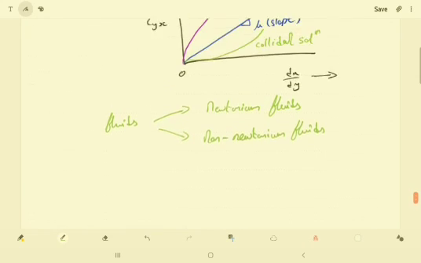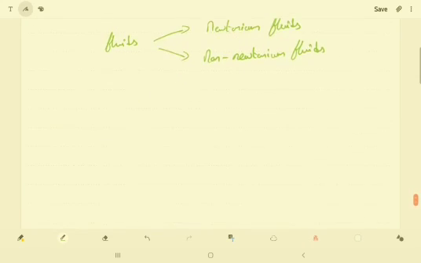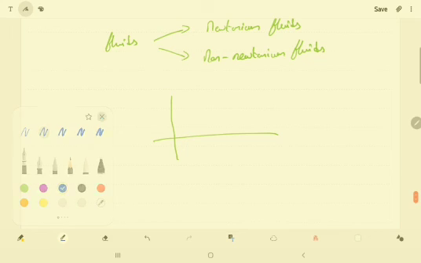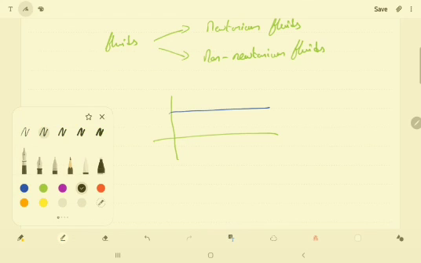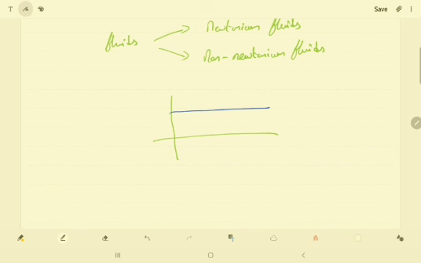Based on this, we can write it in the simplest form. This blue line indicates Newtonian fluid.